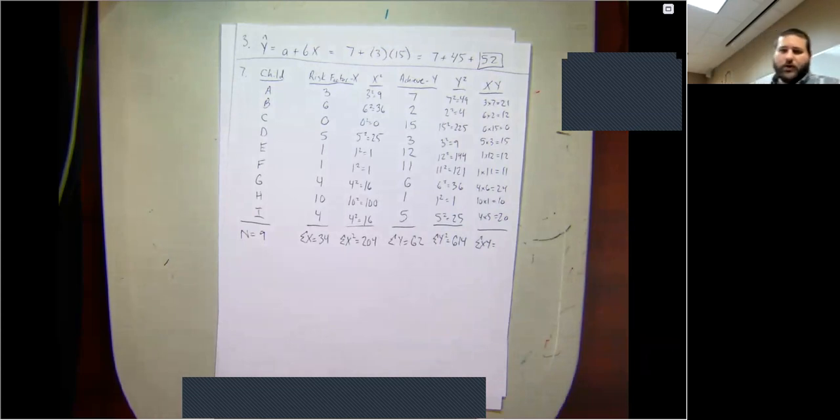So we need to add all those together, and we'll get our sum of x times y, which is 125.